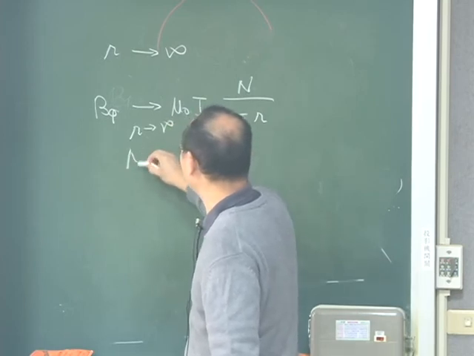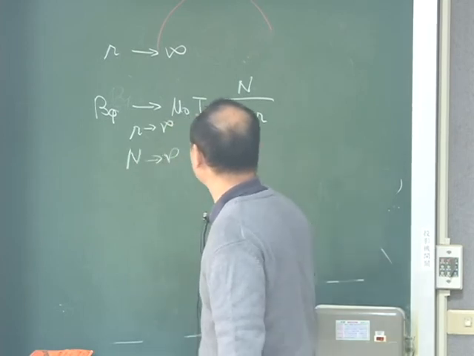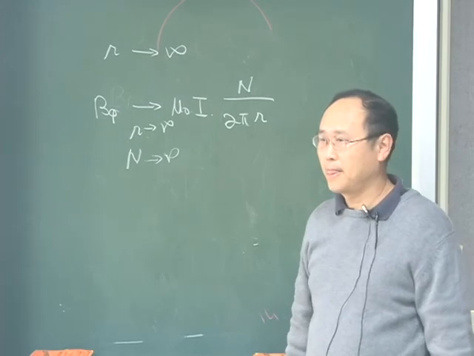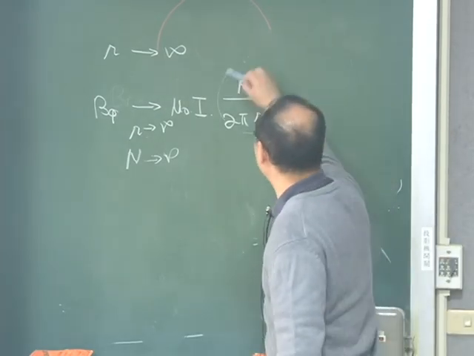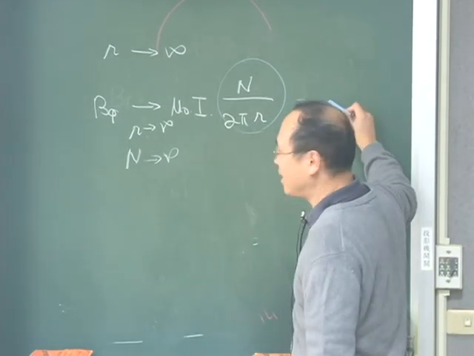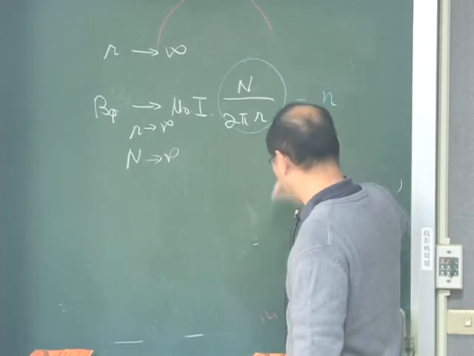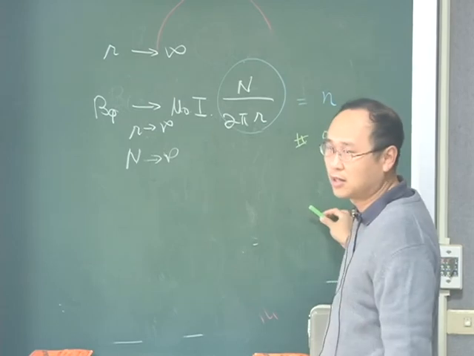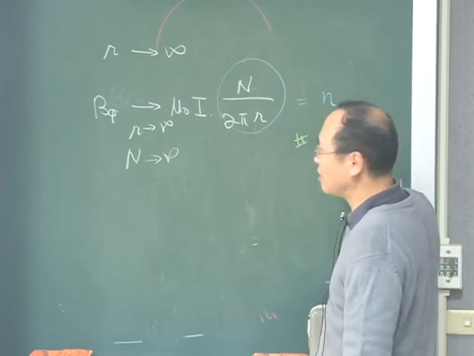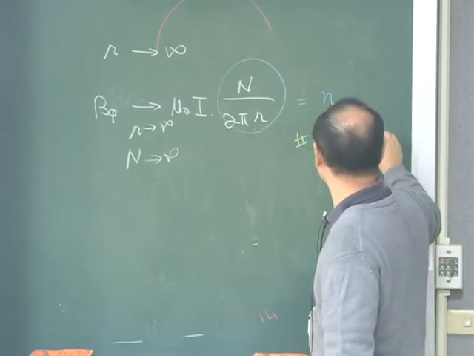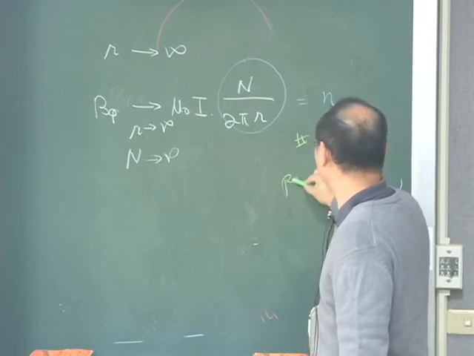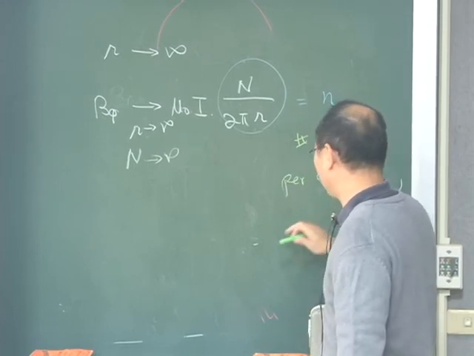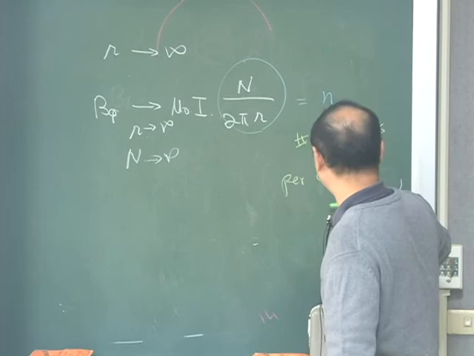At the same time, N also approaching infinite. Right? 所以这个值会 converge to a value called n. This n is the number of wires per unit length.